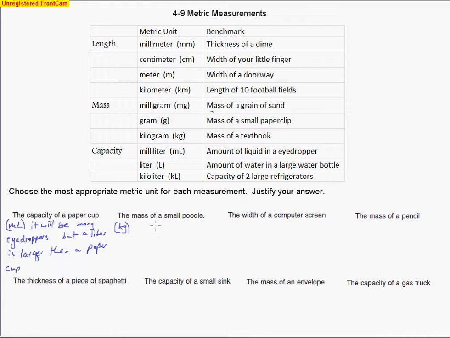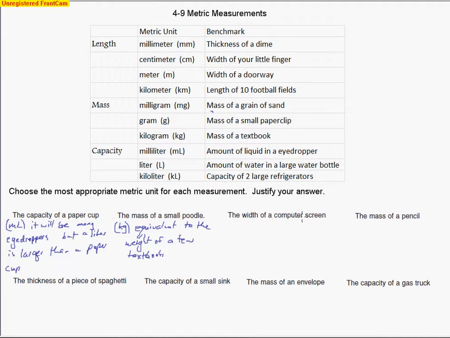Since the small poodle is somewhat close to the kilogram, I would go with this. So we would say something to the effect of equivalent to the weight or mass of a few textbooks. Again, the justification comes in using the verbiage that we used for our benchmarks.